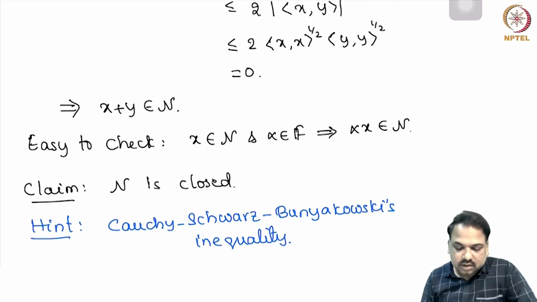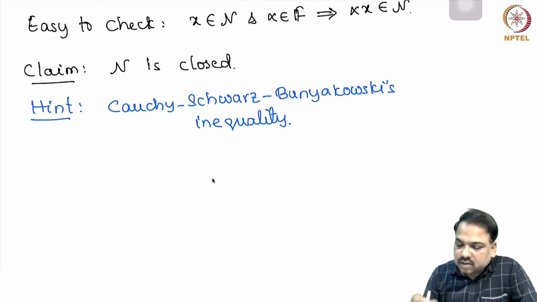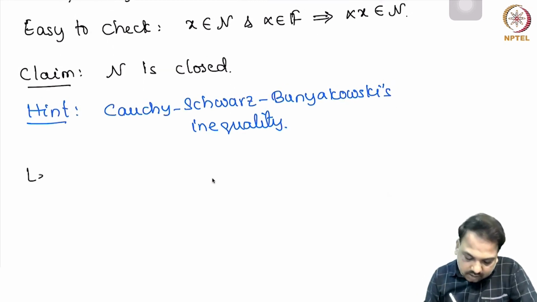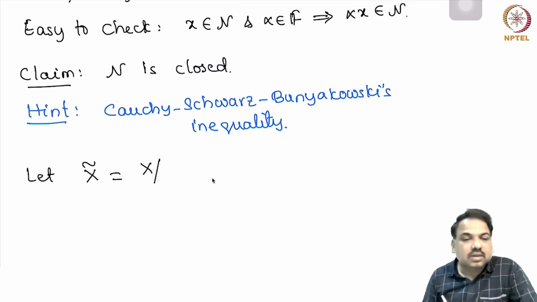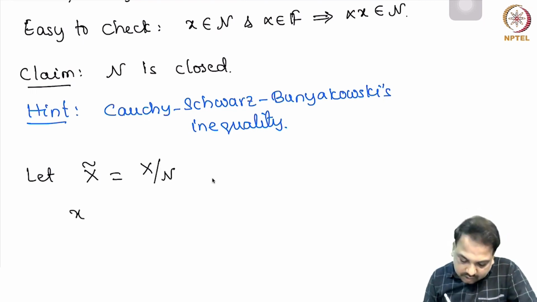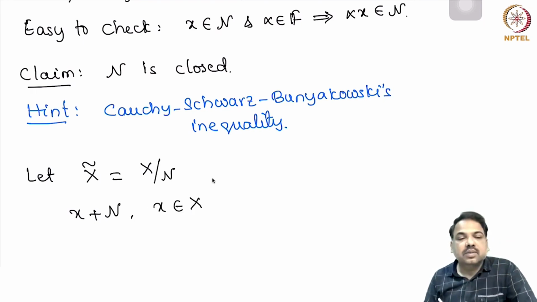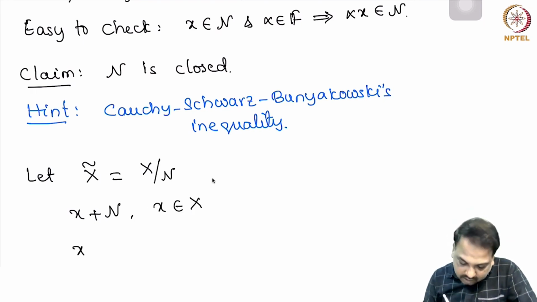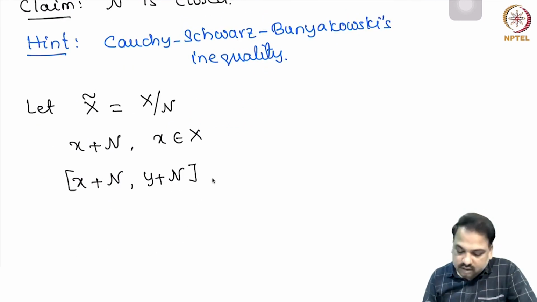Once this is a closed subspace, we can actually look at the quotient space. Let us take X tilde to be the quotient space of X with N. Now every element here is of the form x plus N, where x is coming from X. So if you take two elements from X tilde, let us take x plus N and y plus N, we want to define an inner product on this.